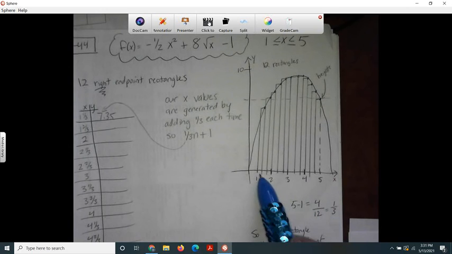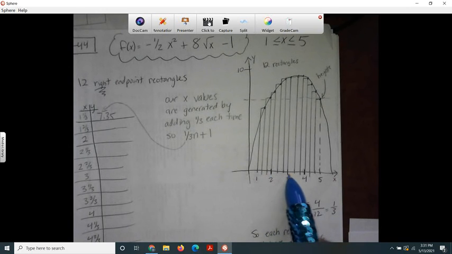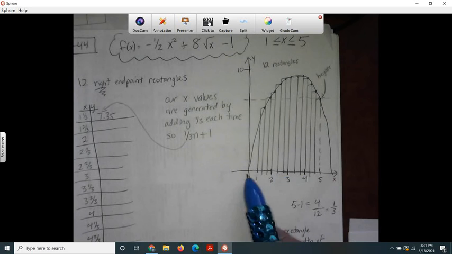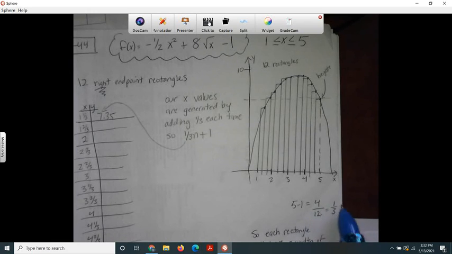And then so you go 4 divided by 12, and that gives you 1/3. And I was going to call it 0.3 or 0.33 or something, but I think that it's best to just leave it as 1/3, which makes calculating this by hand really hard.